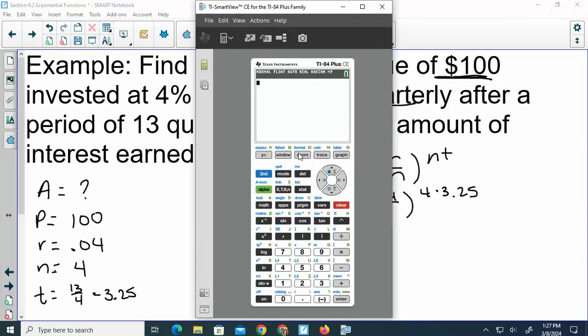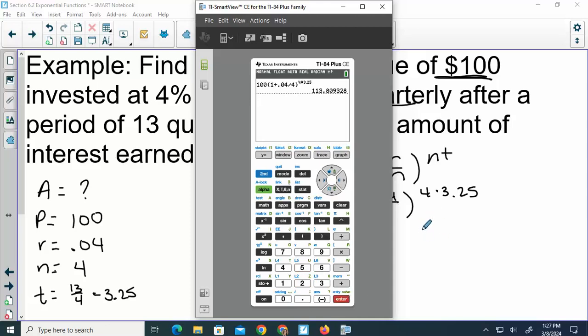So we had 100, times 1 plus 0.04 divided by 4, to the 4 times 3.25 power.